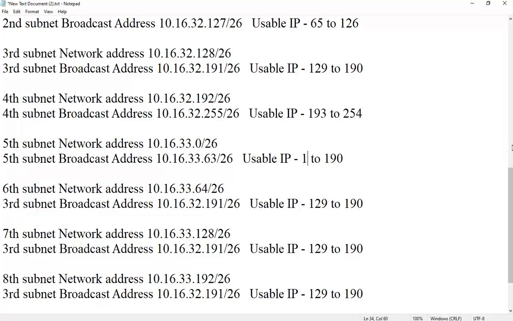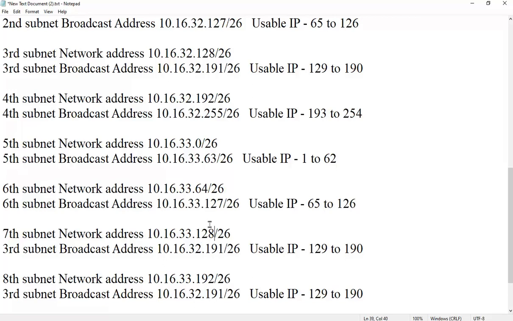And the usable range will be 1 all the way to 62. But take note of the third octet, which has changed in the IP address. As mentioned earlier, we just need to continue using the next subnet group to get the broadcast address for every different group. So for the sixth, this is 65 to 126.